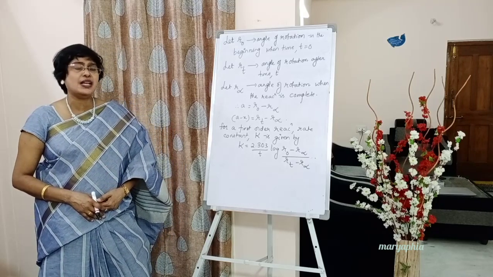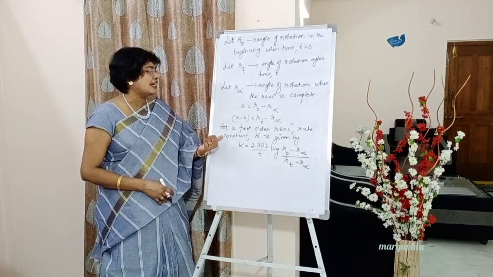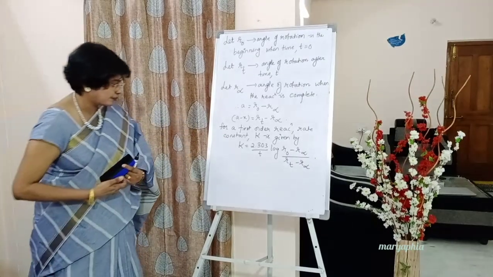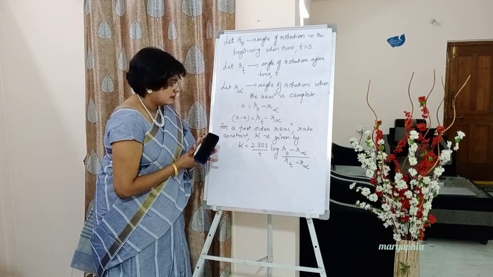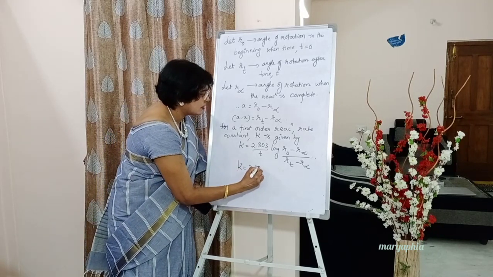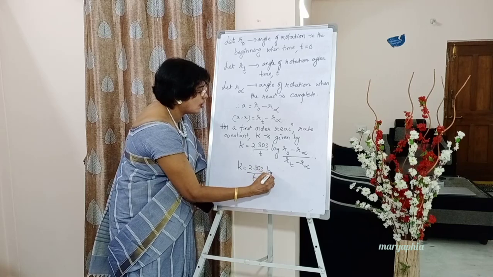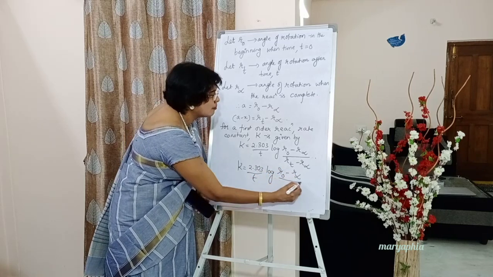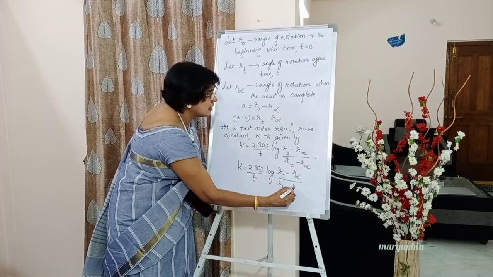Do you remember that one? For a first order reaction, the rate constant K is given by, you can write here, K is equal to 2.303 by T log of R naught minus R alpha by RT minus R alpha.